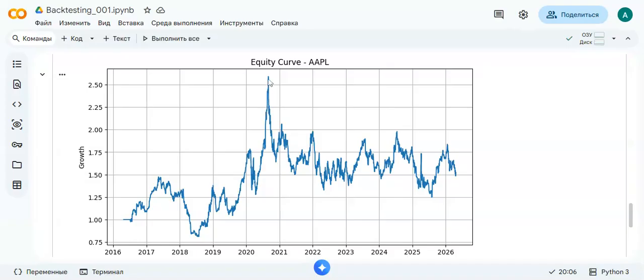So we have this sharp increase, right? And then we have a kind of flat period starting from 2022, yeah. And basically this shows us where we have the maximum drawdown, where we're gaining a lot, and how the strategy behaves over time.